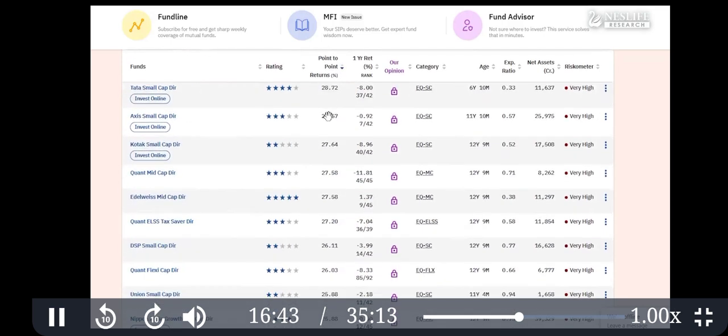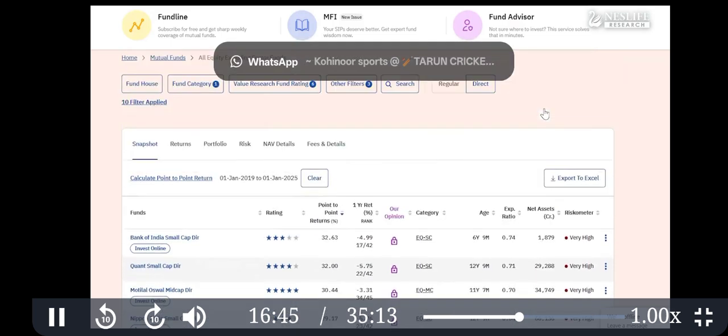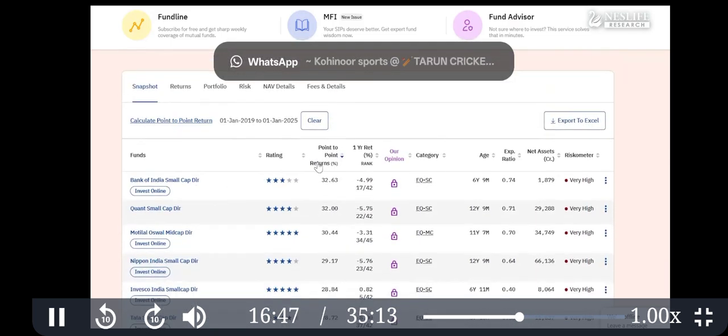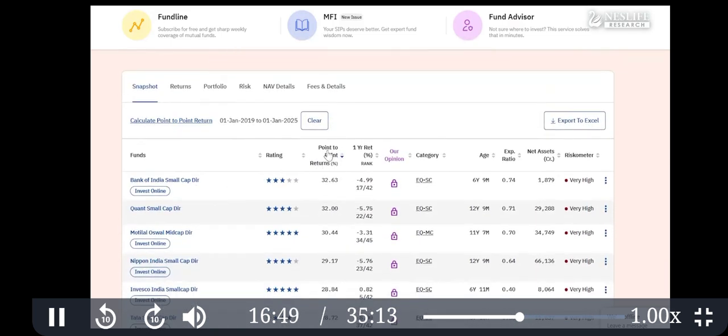We can download an Excel file as well, but just see that point to point return. And this point to point return is CAGR, 6 year CAGR.